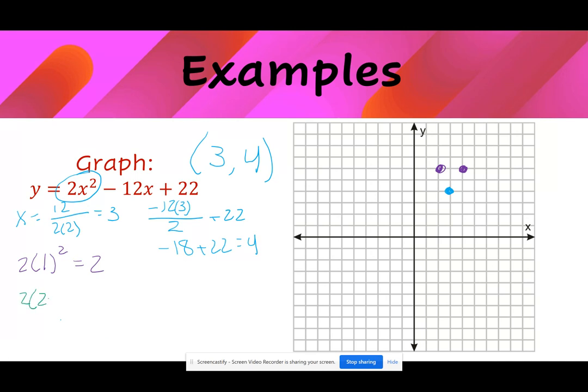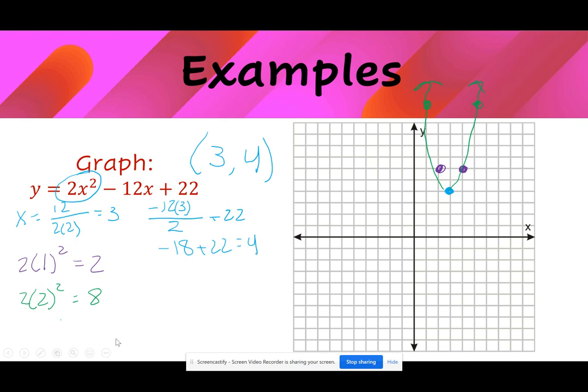So 2 times 2 squared. 2 squared is 4, times 2 is 8. So since we plugged in 2, we move over 2 and up 8, since that's our answer. So it's 2 off the graph, but then over 2 and up 8 this way. And draw your line, so that is your parabola.